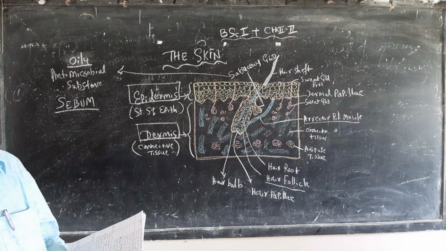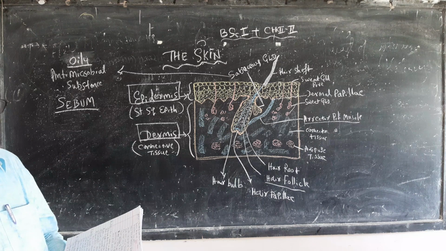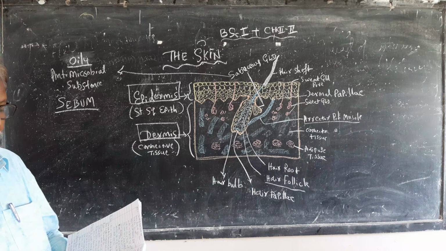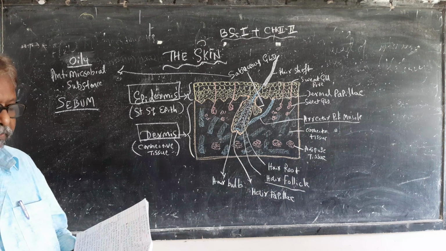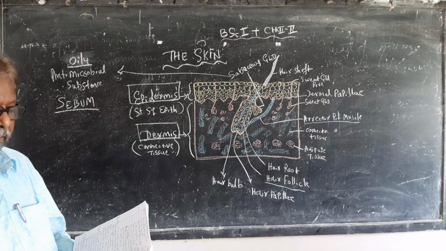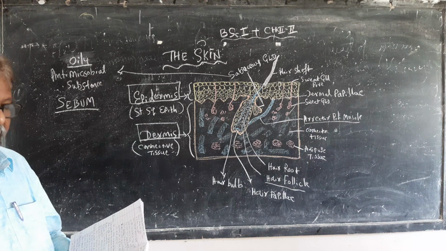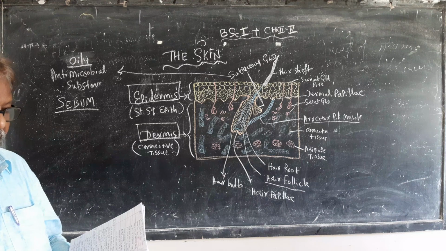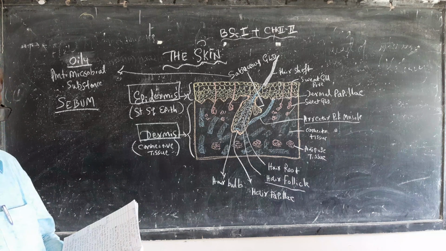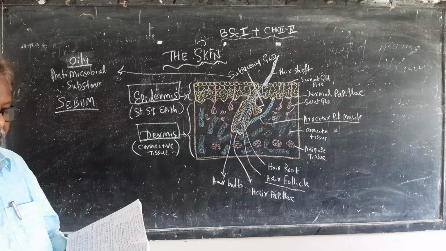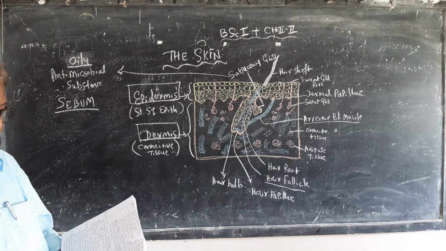So this sebum has many works. It keeps the skin and the hair soft. Drying of the skin and cracking is prevented. It makes the skin resistant to moisture, and gives a shiny appearance to the hair. It acts like an antimicrobial agent and prevents the infections.